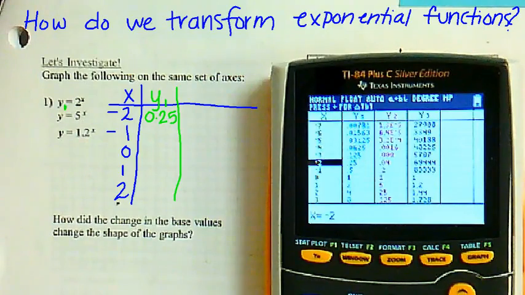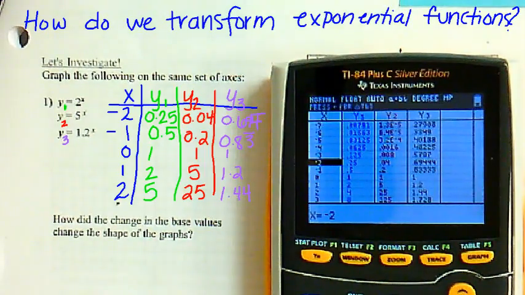So 0.25, 0.5, 1, 2, 5. Okay, and magically I filled out the rest of my table. I just pressed pause. Okay, so all I did was, again, I transferred what's on my calculator onto the paper.